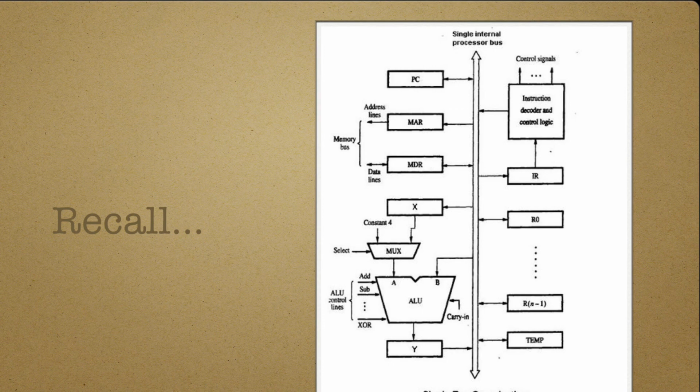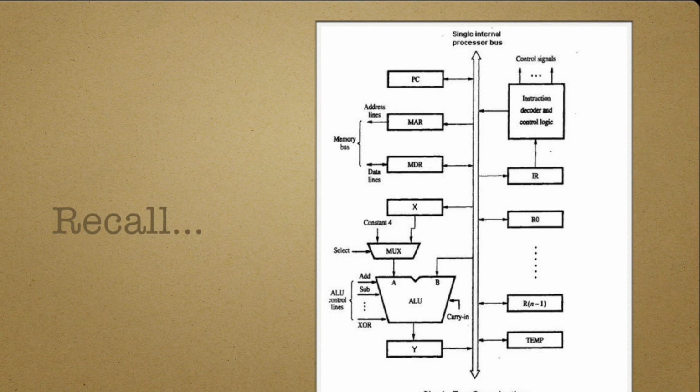Now we have discussed all the components of the CPU. I hope now you can understand this figure easily. We have discussed various registers including PC, MAR, MDR, IR, etc. And you can see here R0 to Rn-1.